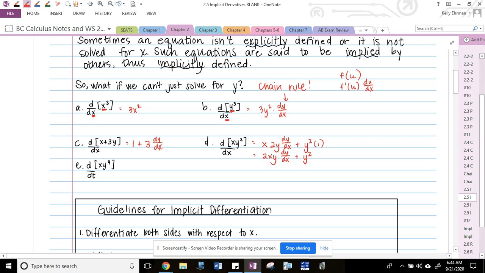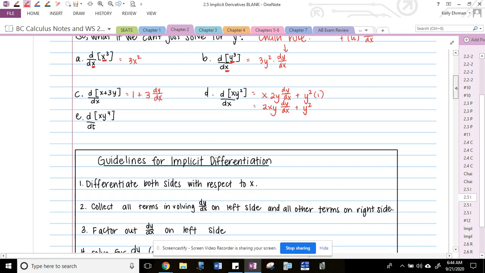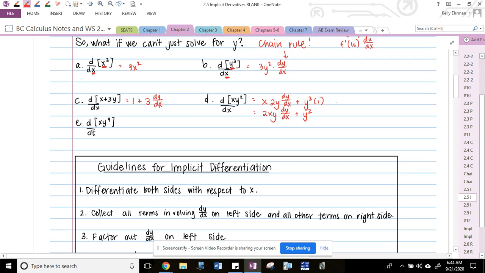What we're going to be doing with this eventually is solving for dy dx. So think of it as its own little variable. This one says dy dt, derivative with respect to t. That usually means time. So that doesn't match either of our variables. So when we do our product rule, it's the first function times the derivative of the second.